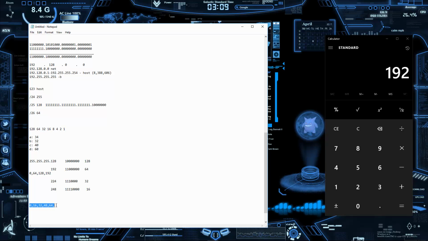And basically these are not usable. These basically are not usable hosts. These are network numbers. So just note that.